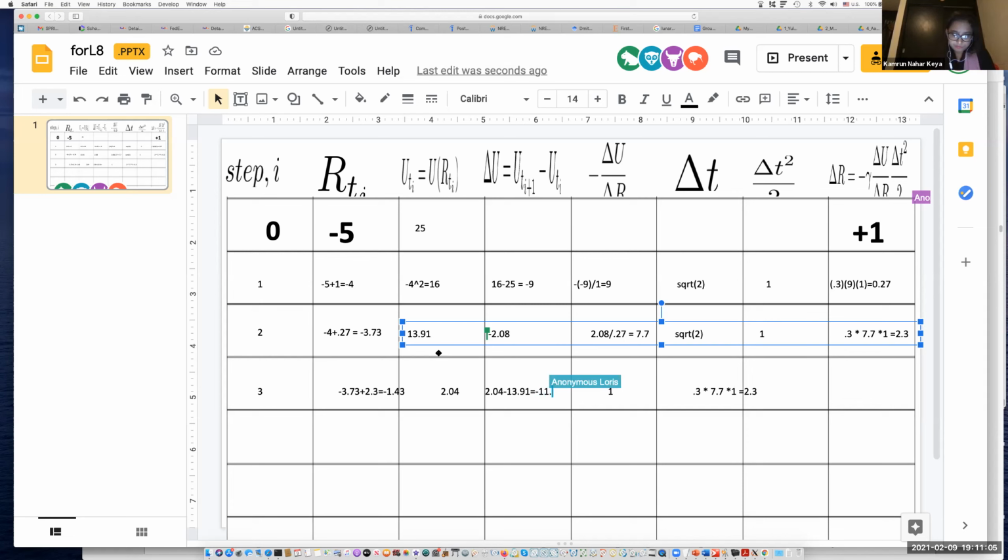Okay. Then this one will be divided by delta R. Delta R is the previous one. So delta R: minus 11.87 divided by 2.3 minus 5.16.